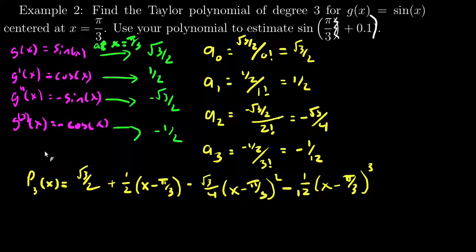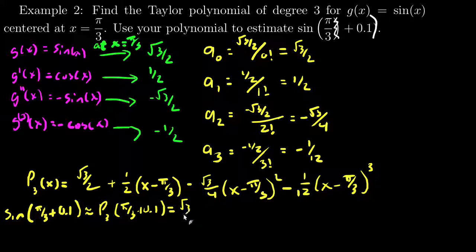And to evaluate this, the sine of pi over 3 plus 0.1 will be approximately p sub 3 of pi over 3 plus 0.1, which is going to be root 3 over 2 plus 1/2.